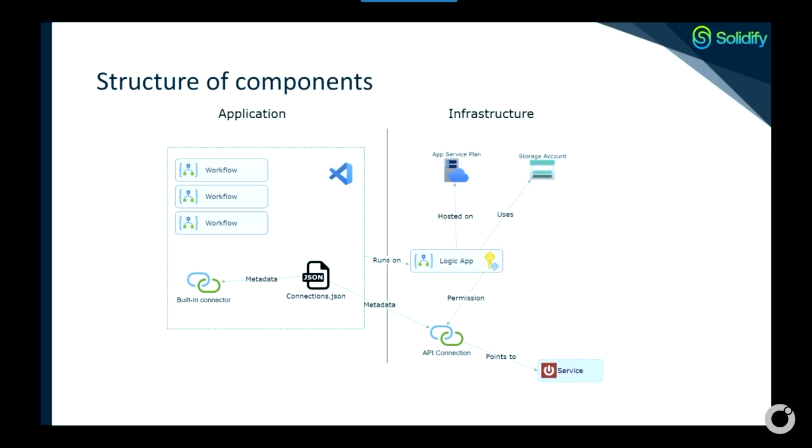The workflows will run in the Logic App, and the Logic App is hosted in an app service plan. When we release the code, it will be located in a storage account, so it uses that. Also, it needs permission to use the API connection.